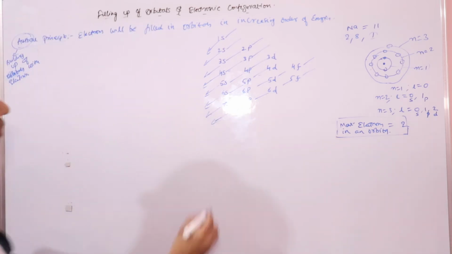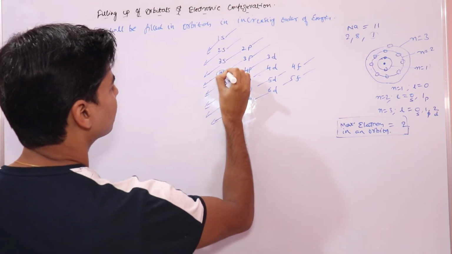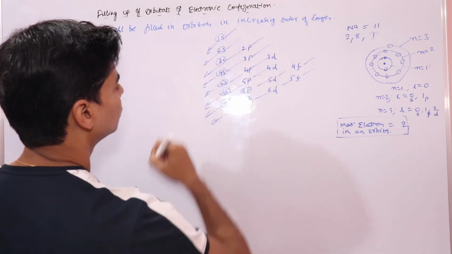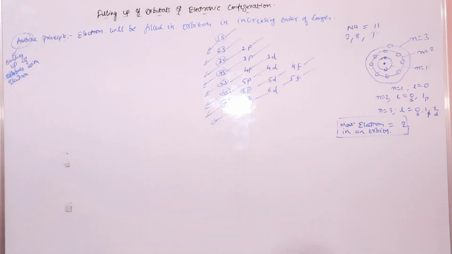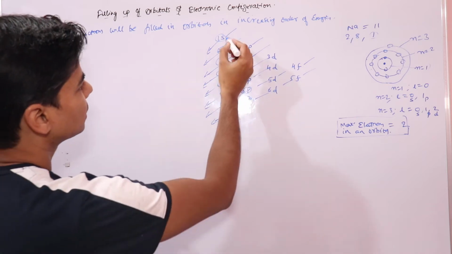You will see circles like this in all the orbitals. So the order is like this.